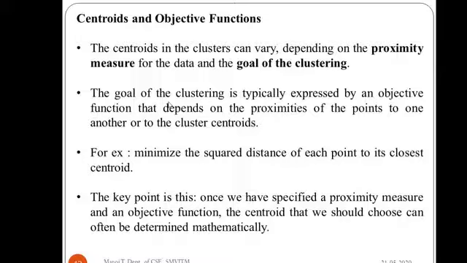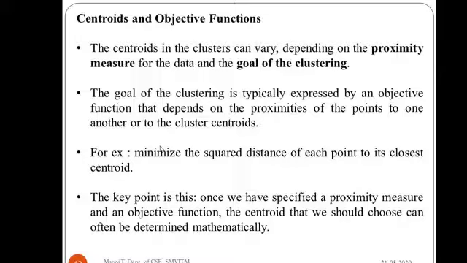The goal of the clustering is typically expressed by an objective function that depends upon the proximities of points to one another or to the cluster centroids. For example, minimize the squared distance of each point to its closest centroid. This may be one of the objective functions. If you are minimizing that, the points will be more similar.